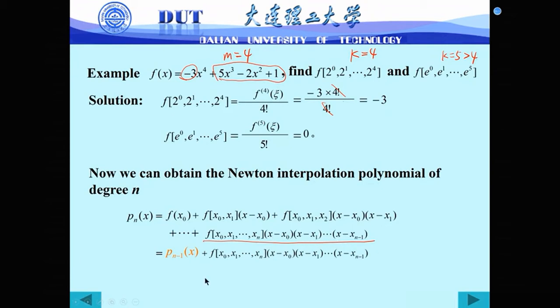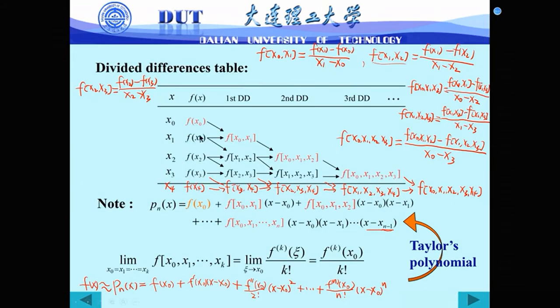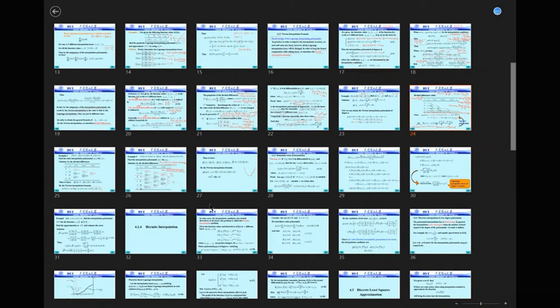Remember, we only need to add one term if we add one node, and here the coefficients are the divided differences, the nth order divided difference. In order to obtain these coefficients, we need to use the divided difference table like this. Remember? Also we have practiced with the example here.